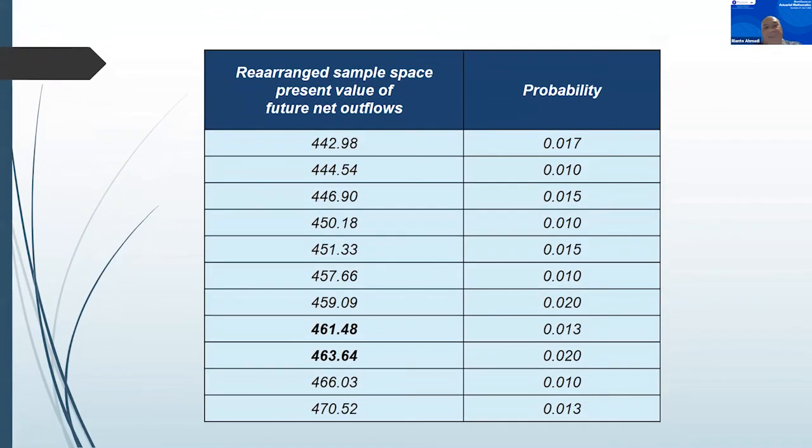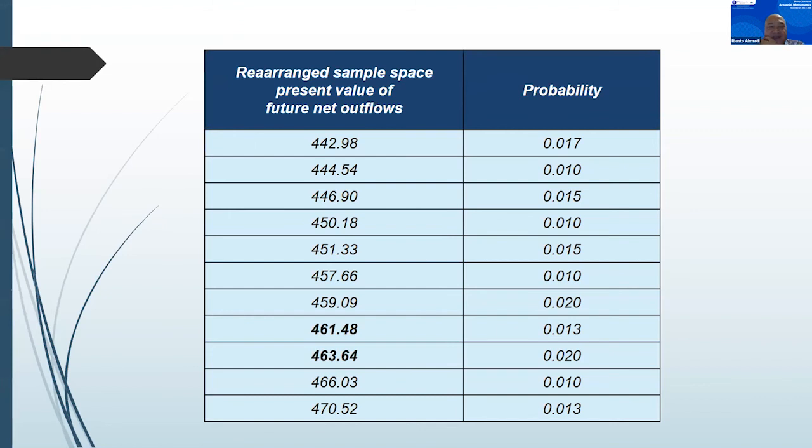Oh, I'm sorry, that's the median only. So basically, the median is calculated as the average of those two previous numbers. And now we have the 75th percentile, being the average of the 461.48 and 463.64.